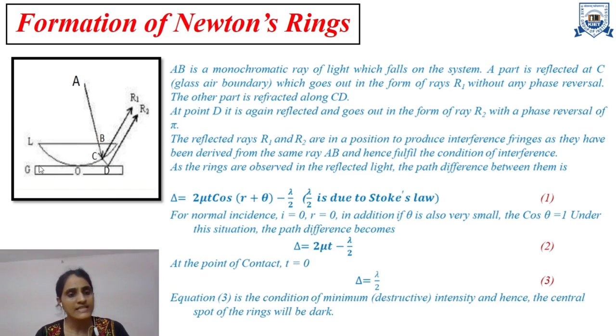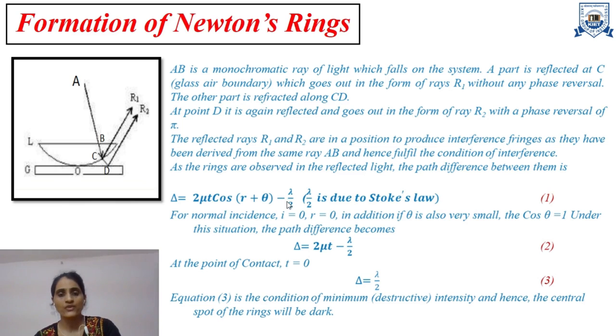So if I see this diagram at both the sides, that is this side and this side, it forms a structure of a wedge-shaped film. So on both the sides we have a diagrammatic picture of a wedge-shaped film. So the path difference in a wedge-shaped film is given as 2 mu t cos (r plus theta) plus minus lambda by 2.